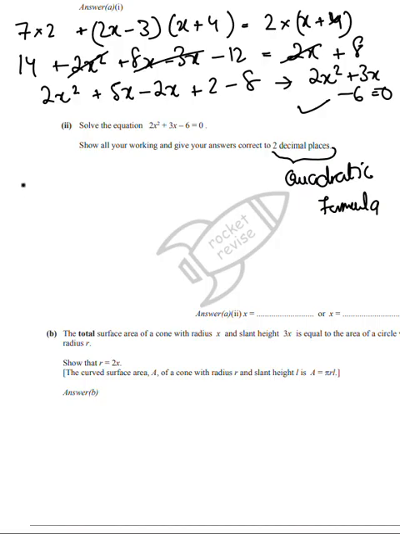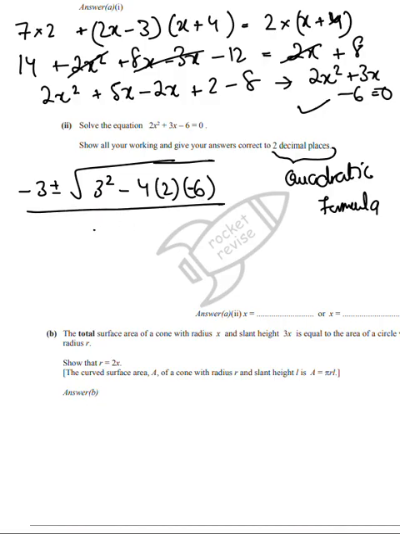Minus b plus minus under root b square minus 4ac upon 2a. Solve this question entirely and tell me what answers you get.